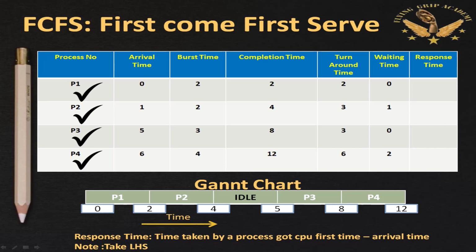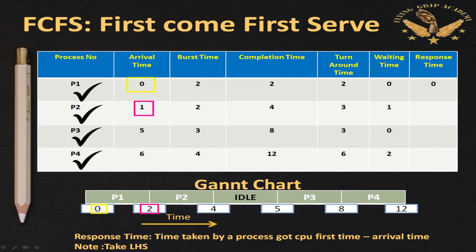So now let us calculate. What is the left hand side? The left hand side value is 0, minus arrival time. So 0 minus 0 which is 0. Next P2. P2 at left hand side is 2. So 2 minus 1 which will be 1.